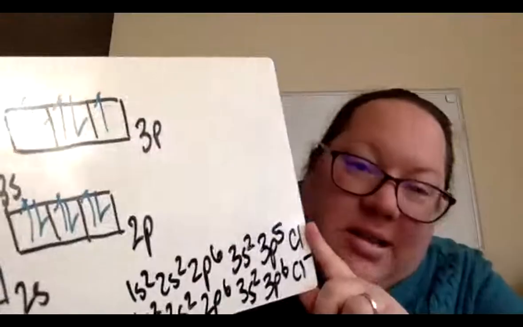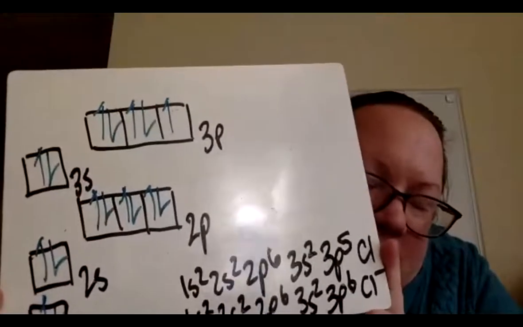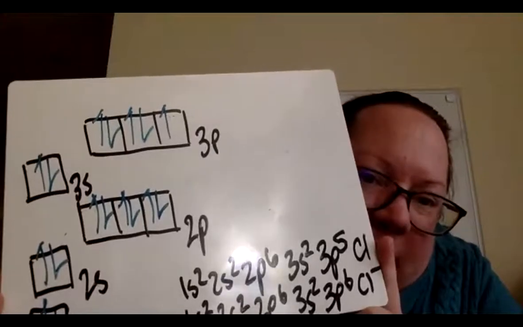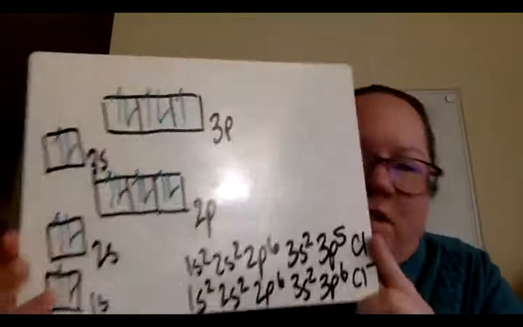Why don't you have 3d on there? Because I don't need to draw it in this case, because for chlorine, I don't have that many electrons. I could. One of the ways that I try to make life a little easier for you on the notes is to give you the prompt to show you what that looks like.